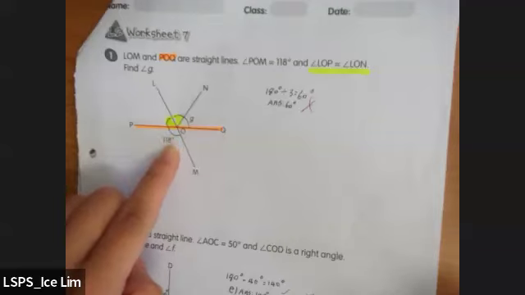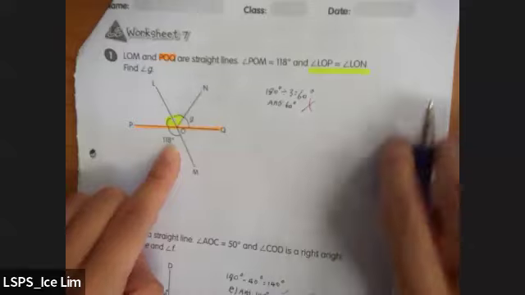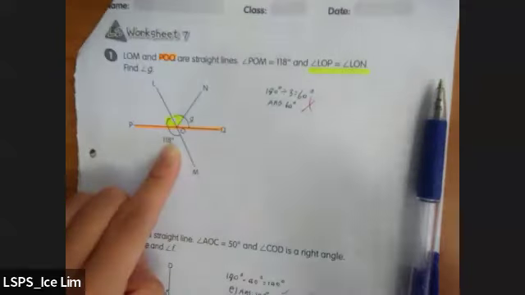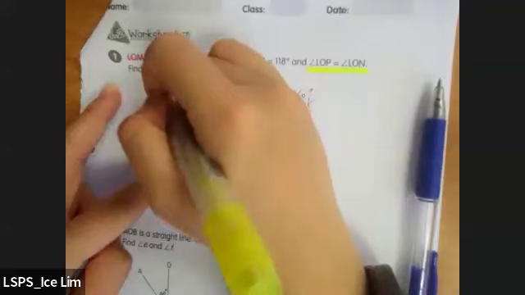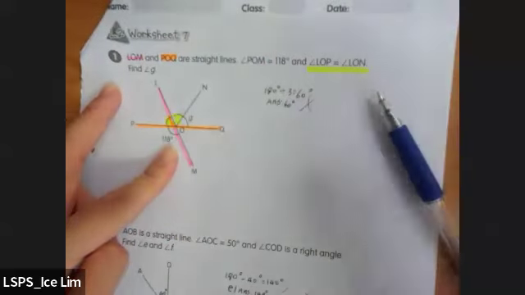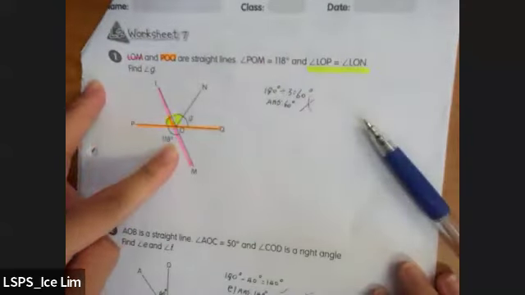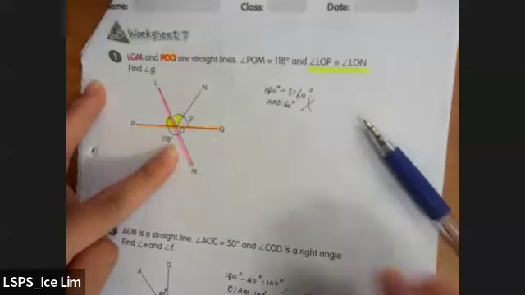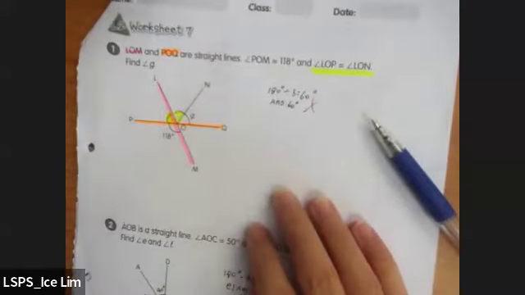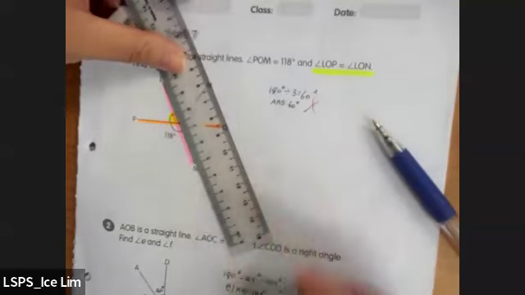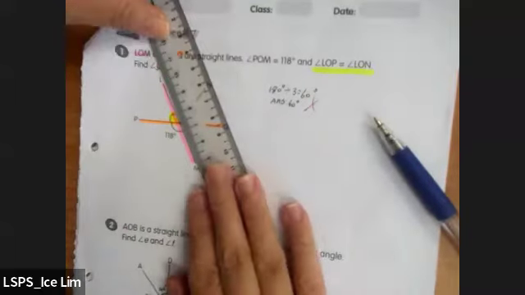So you cannot assume so. Then how? Look at all the information that's provided and see how you can use it. The other line that is stated is LOM. So from this, I can figure out one by one, starting with these straight lines here.